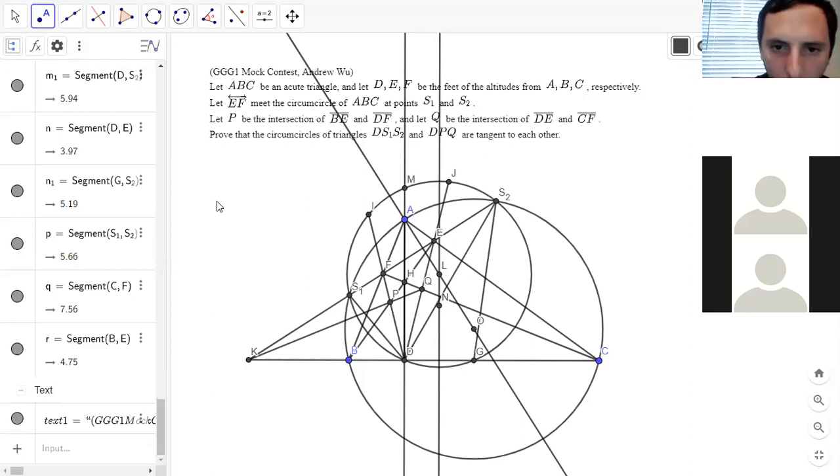So LM will be perpendicular to IJ, because M is the middle of the arc IJ. All right. So we have to prove that AN is parallel to LM.